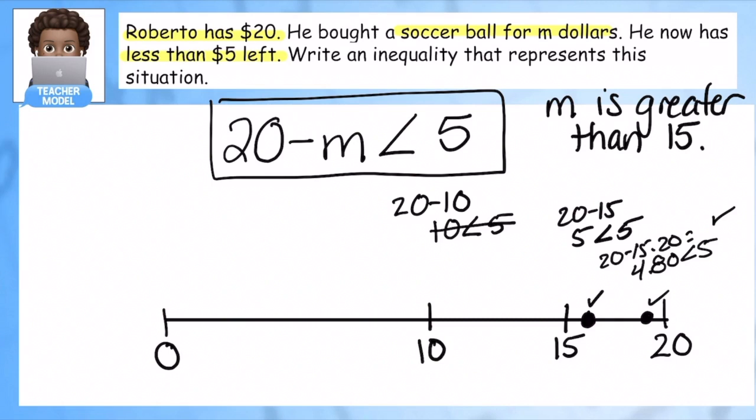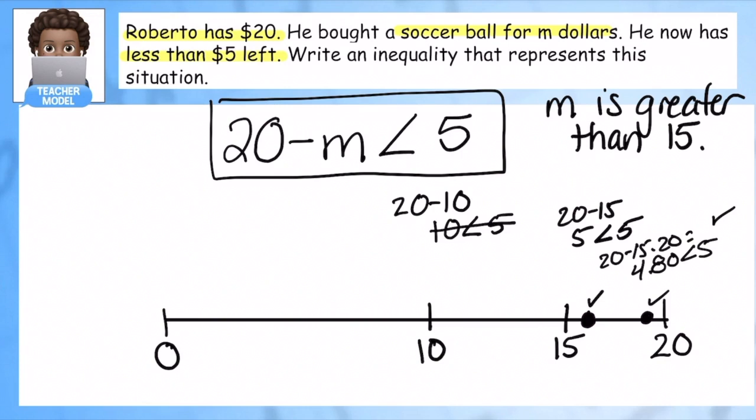It could be any value as long as it's greater than 15. And that's what inequalities do, because it can be a bunch of numbers. It's not an equation where only one number makes it true. In an inequality, we can have multiple values that can make our statement true.